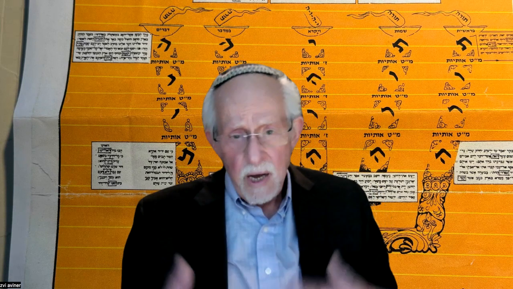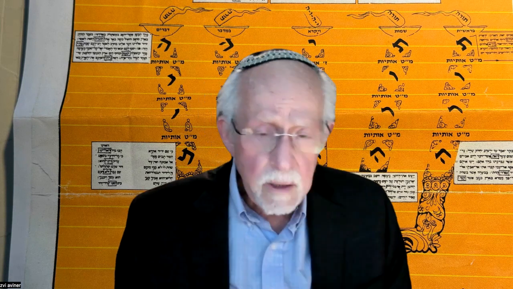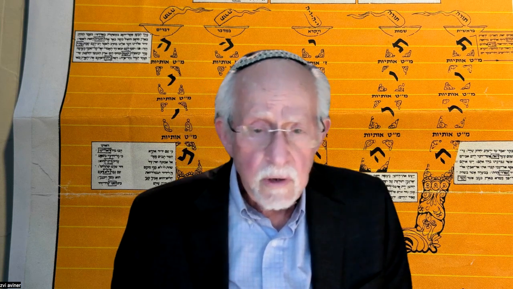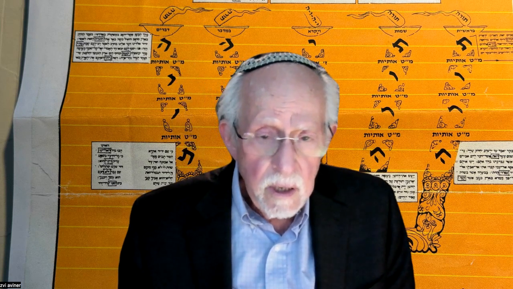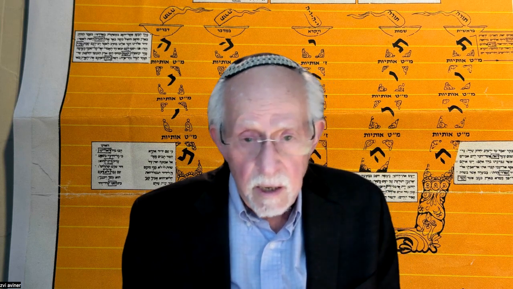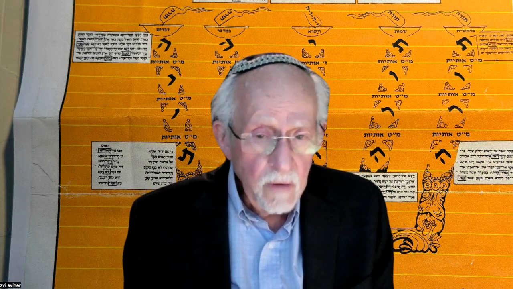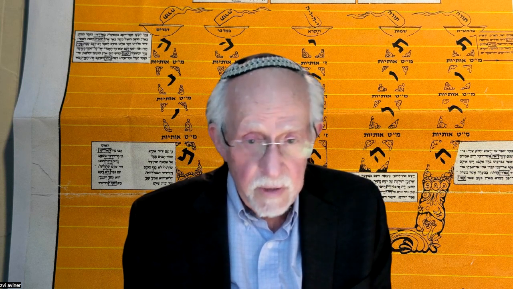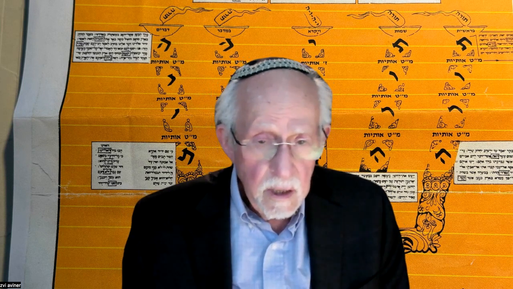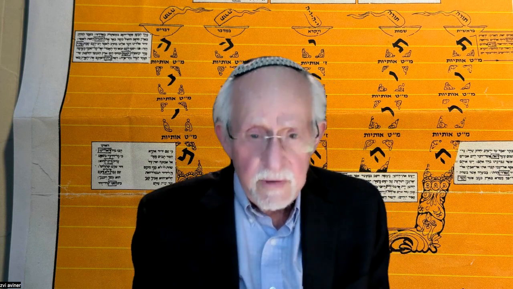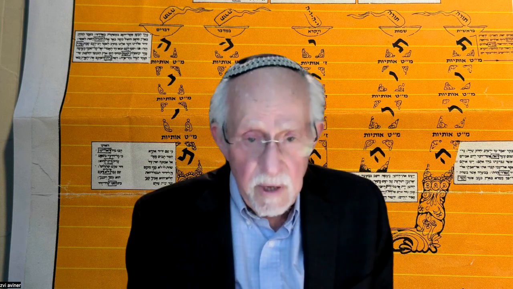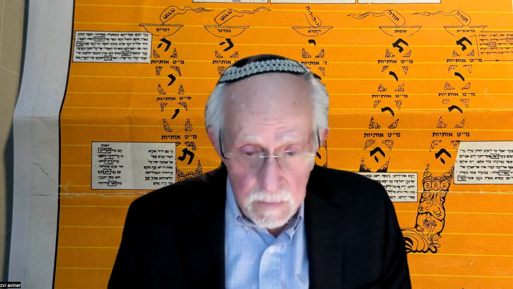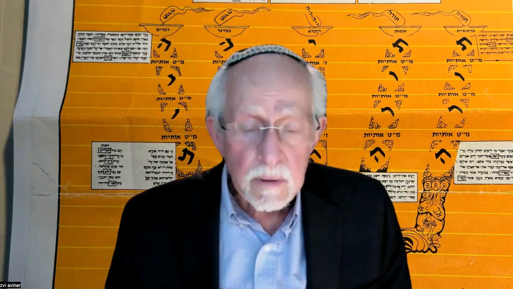What were my desires? What was my will? And I regret it, and so on. Here there is no regret. Here in a voluntary offering, you don't come confessing any sin.